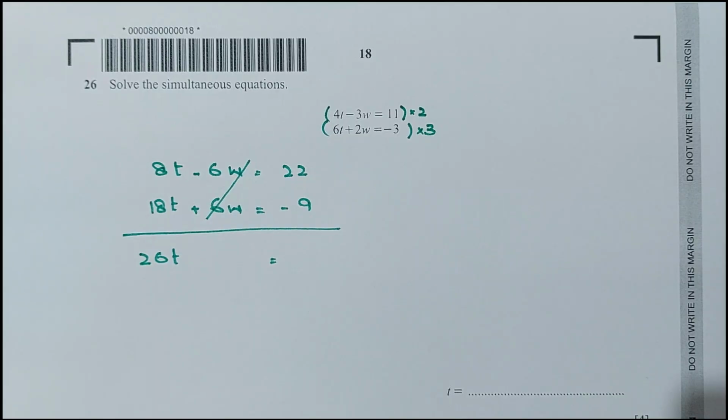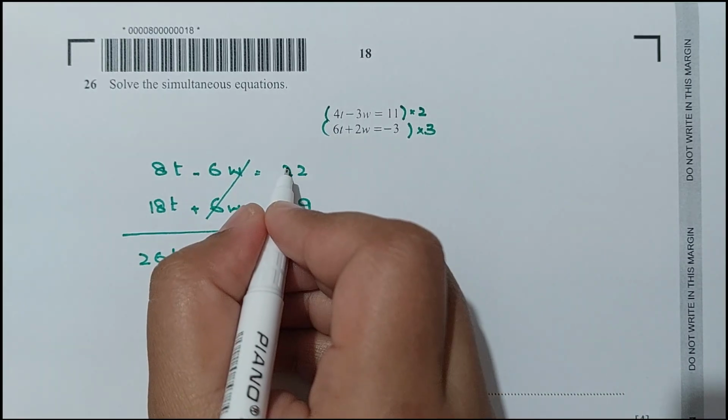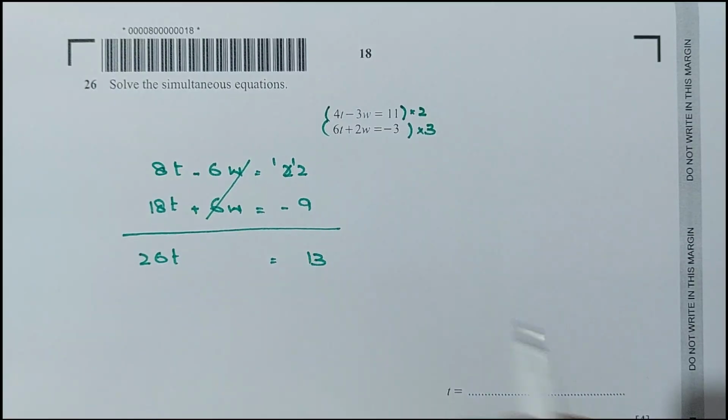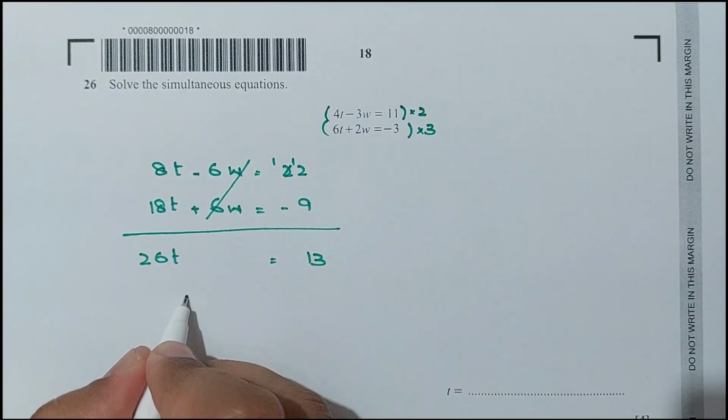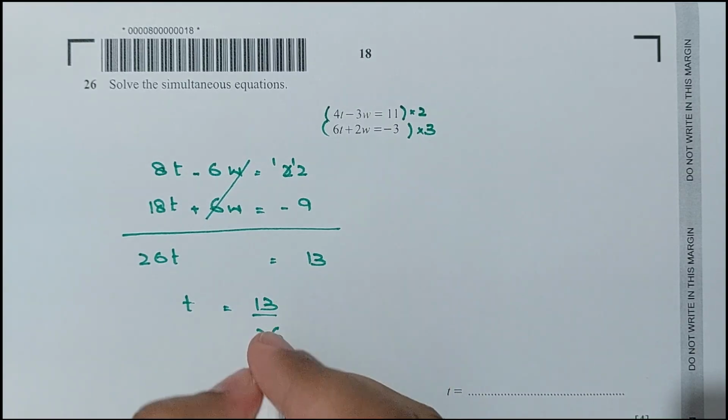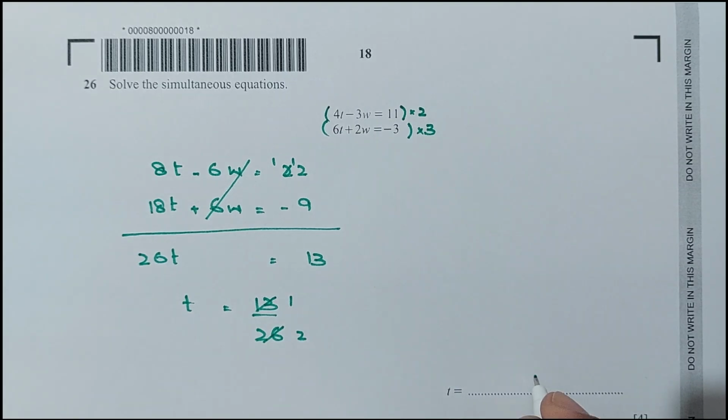From 22 you have to take away 9, which is 13. So the t value is 13 out of 26. 13 times 1 is 13, 13 times 2 is 26. So the t value is 1 by 2, or you can say 0.5 is the t value, right?